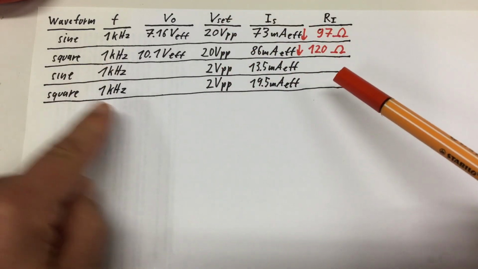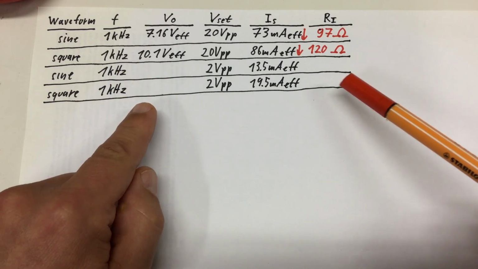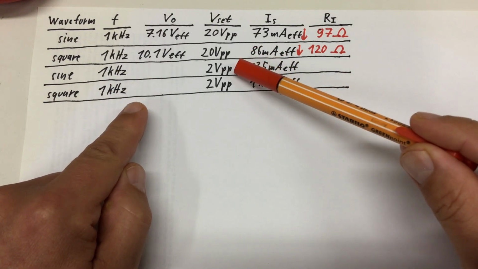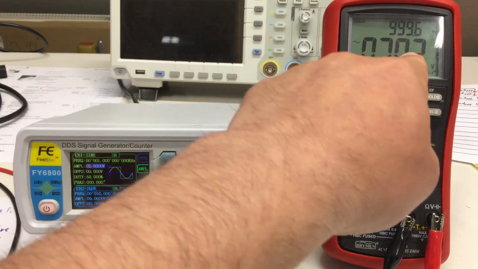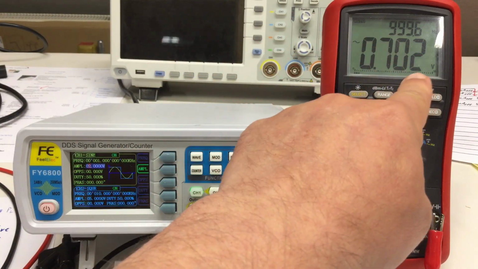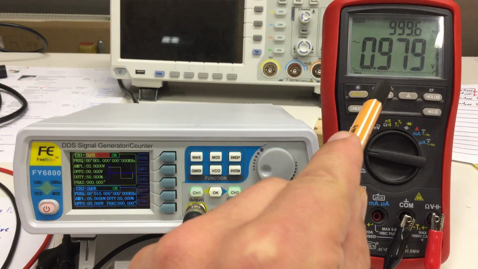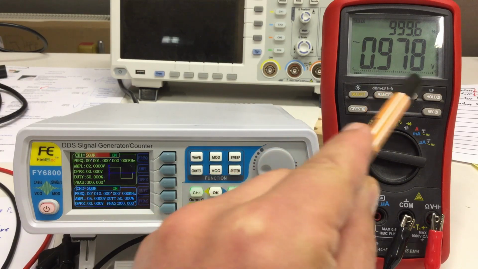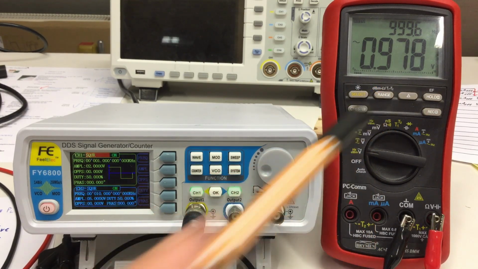So let's first measure what's really coming out of that unit at a set voltage of 2 volts peak to peak. And that's for a sine wave, actually 0.702 volts. And for a square wave, 0.978 volts. So let's say 0.98 volts.